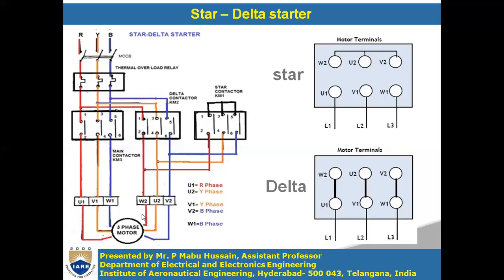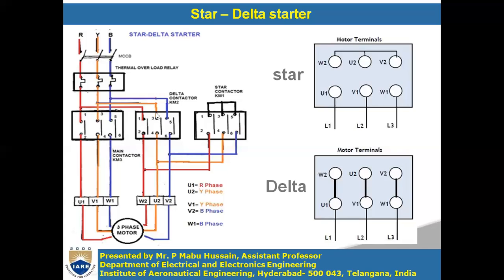To connect the motor windings in delta, here W2, U2, V2: W2 is connected to U1, U2 is connected to V1, V2 has to connect to W1. These will be connected through the delta contactor. So W2, U2, V2 are connected to one side of the delta contactor.